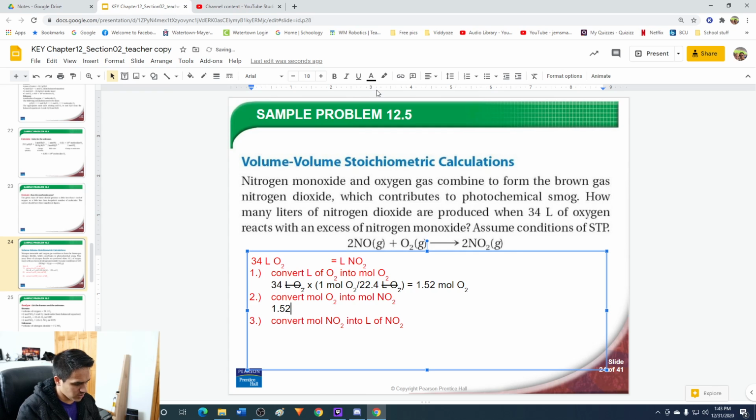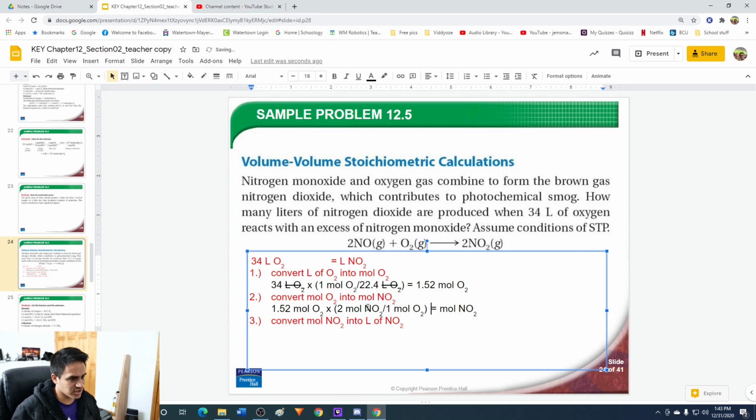Then we're going to take our 1.52 moles of oxygen and convert this into moles of NO2. To do that, we need to know the mole ratio between the two. Looking at the reaction, for every 1 mole of oxygen, we're making 2 moles of NO2, so it's a 1 to 2 ratio. We'll set up our fractions: for every 2 moles of NO2 that we make, we start with 1 mole of O2.